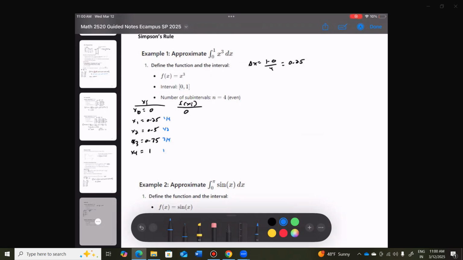Alright. So 1/4 cubed would be 1 over 64. 1/2 cubed would be 1 over 8. 3/4 cubed would be 27 over 64. And 1 cubed would be 1.